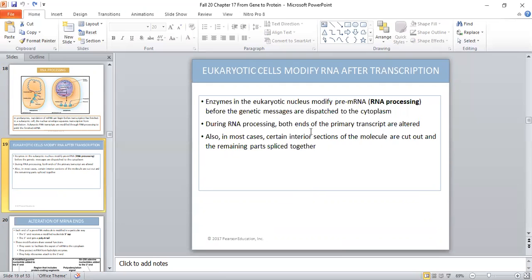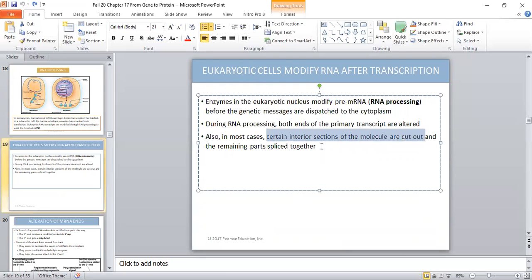Here, certain sections are cut out and the remaining parts are spliced together. First is pre-messenger RNA, then it will be spliced. During splicing, intron parts are removed, then exon parts are united. This is the next topic, we will be doing it now. You understood? Shall I move next? Yes, sir.